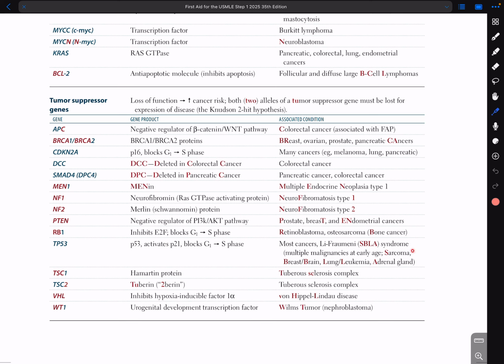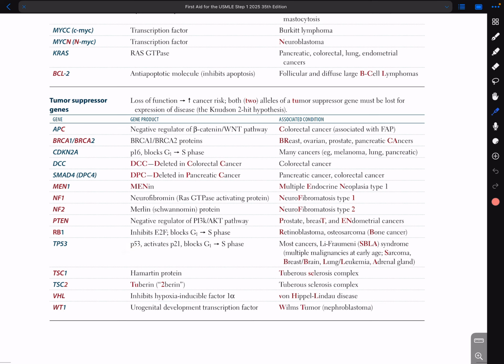The associated cancers are SBLA: sarcoma, breast, brain, lung, leukemia, and adrenal gland cancer.